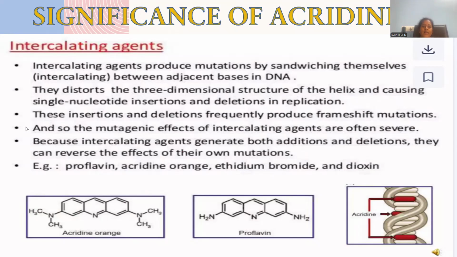These insertions and deletions frequently produce frameshift mutations. So the DNA goes through the mutation process, and the mutagenic effects of intercalating agents are often severe, right? The mutations that occur in the organism can have a severe impact. Because intercalating agents generate both additions and deletions, they can reverse the effect, and their own mutations are possible.